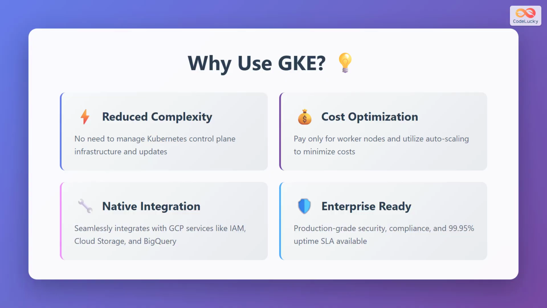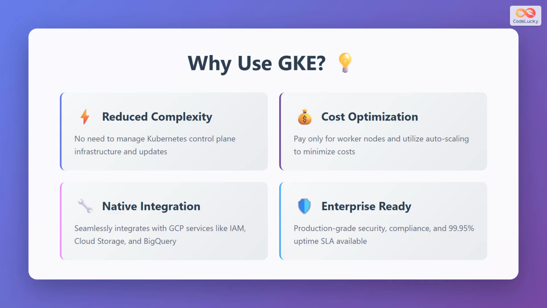There are several compelling reasons to choose GKE for your Kubernetes workloads. First, it significantly reduces complexity by eliminating the need to manage Kubernetes control plane infrastructure and updates. This lets your team focus on applications rather than infrastructure maintenance. Second, GKE helps optimize costs because you only pay for the worker nodes you use, and auto-scaling ensures you're not over-provisioning resources.